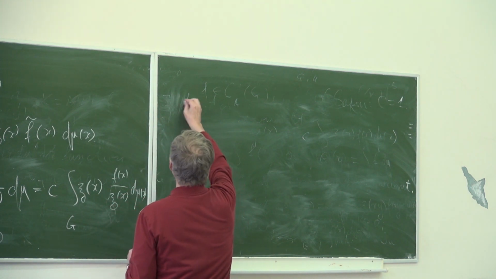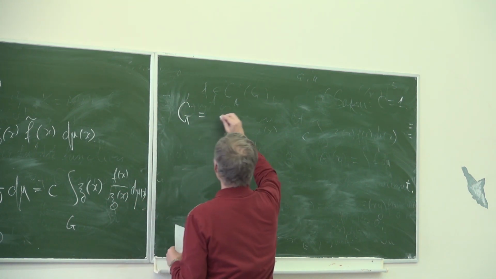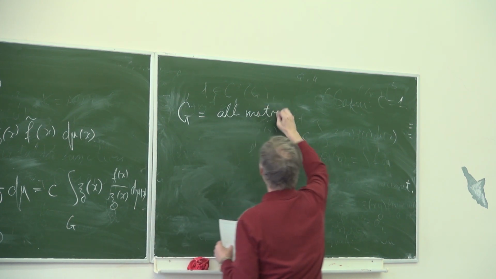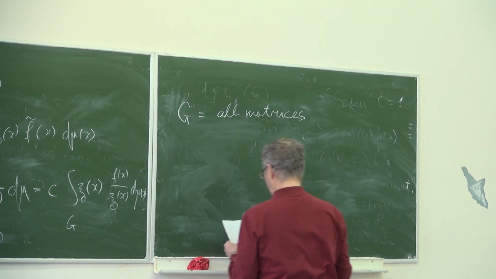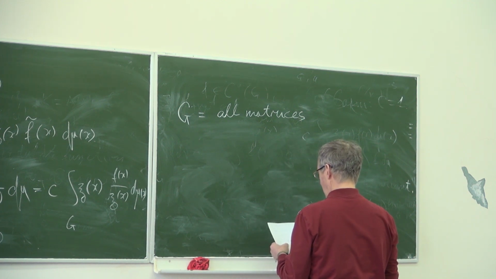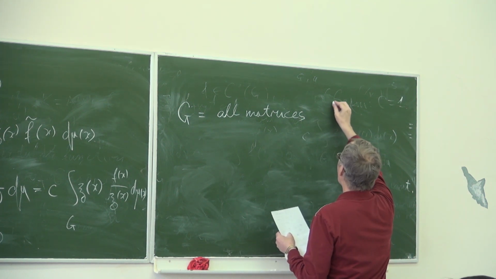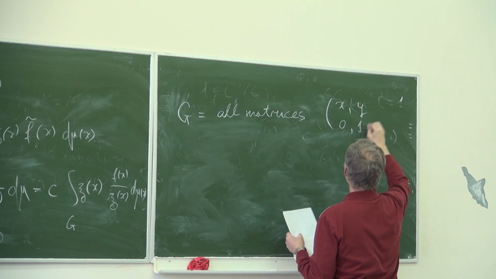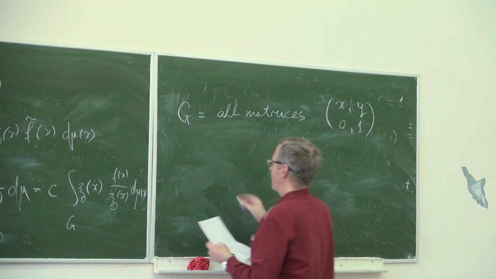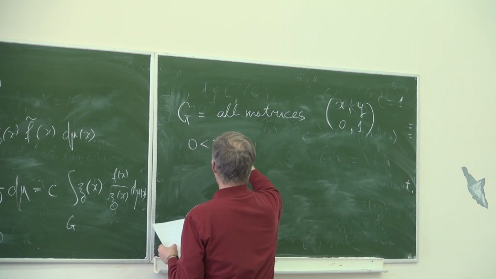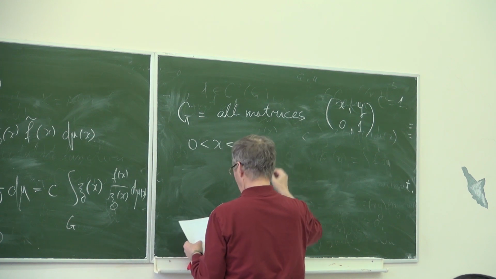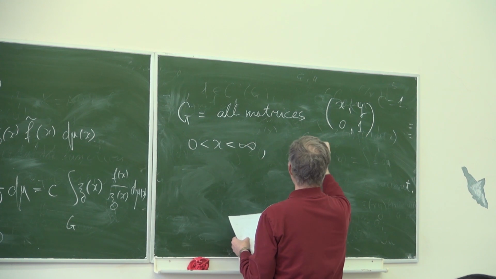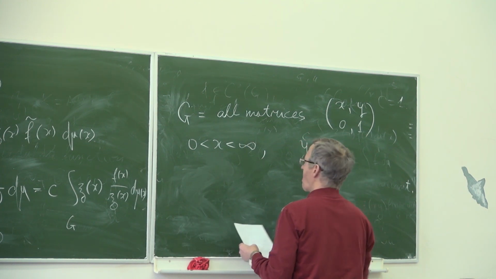Consider G, the set of all matrices of the form (x, y; 0, 1), where x is strictly positive and y is an arbitrary real number.